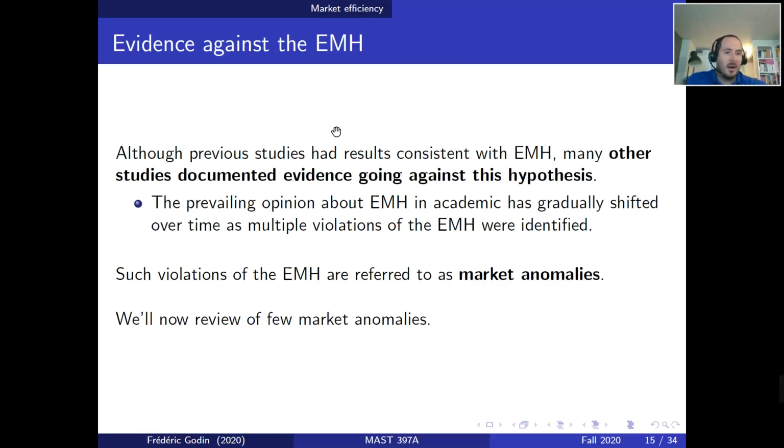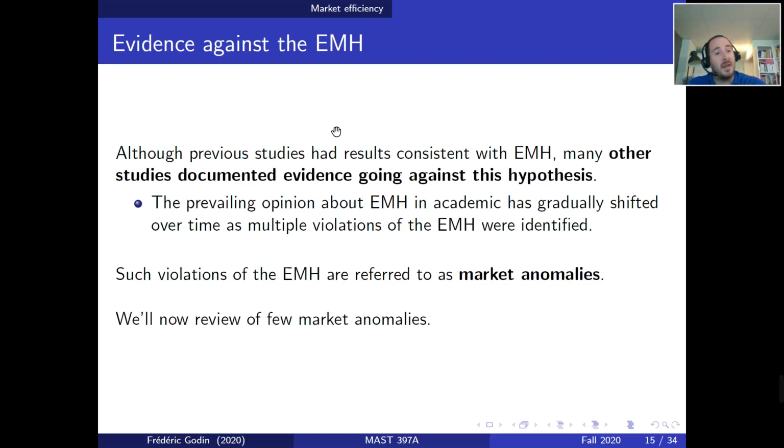So these studies pointed to evidence which does support the various forms of the efficient market hypothesis, but there are also multiple studies that have been done in more recent years documenting evidence going against the efficient market hypothesis.